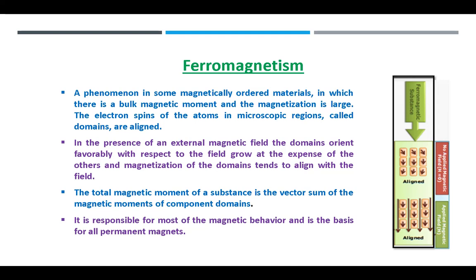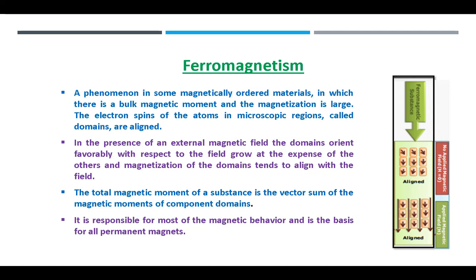Third one is ferromagnetism. It is a phenomenon in some magnetically ordered materials in which there is a bulk magnetic moment and the magnetization is large. The electron spins of the atoms in microscopic regions, known as domains, are aligned.